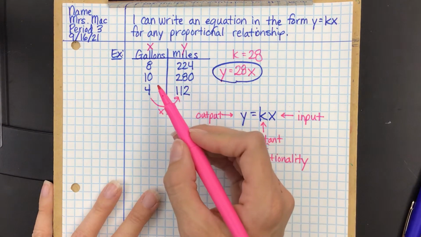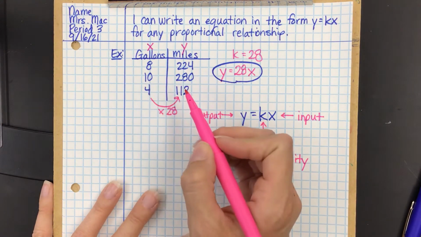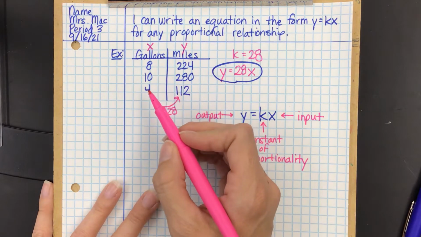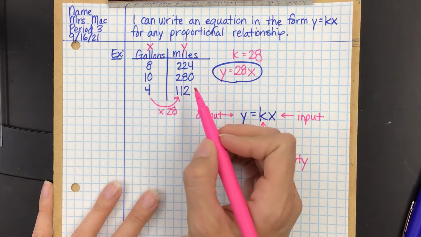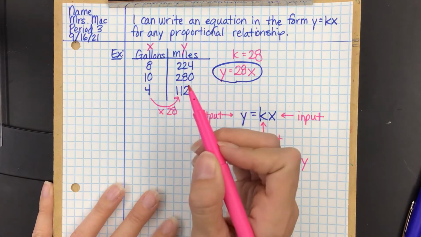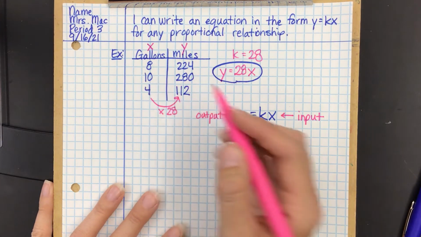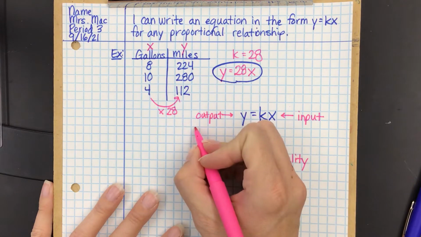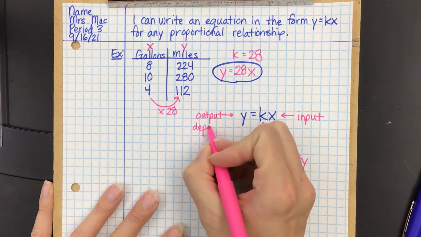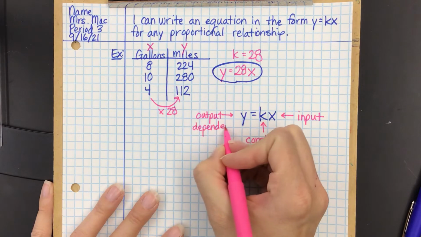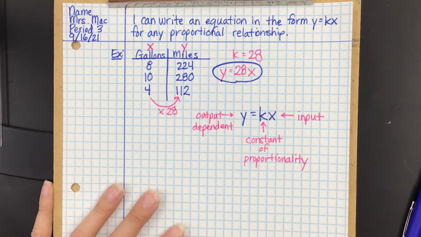If we look at this, our y depends on our x. How many miles we can travel depends on how much gas we have. So we're going to call the y our dependent. It depends on the x, okay?